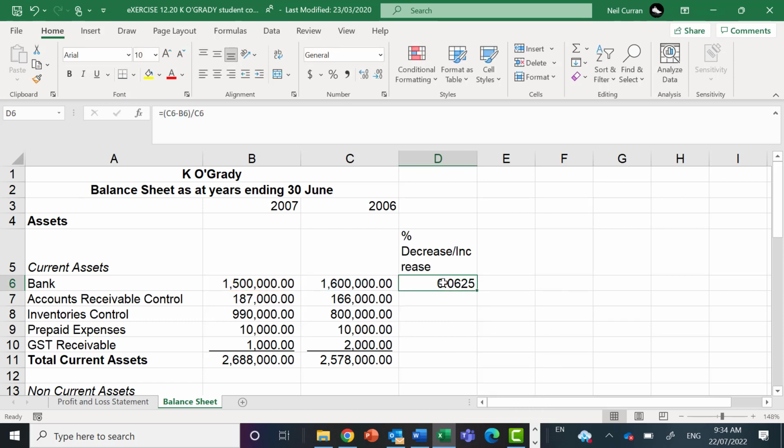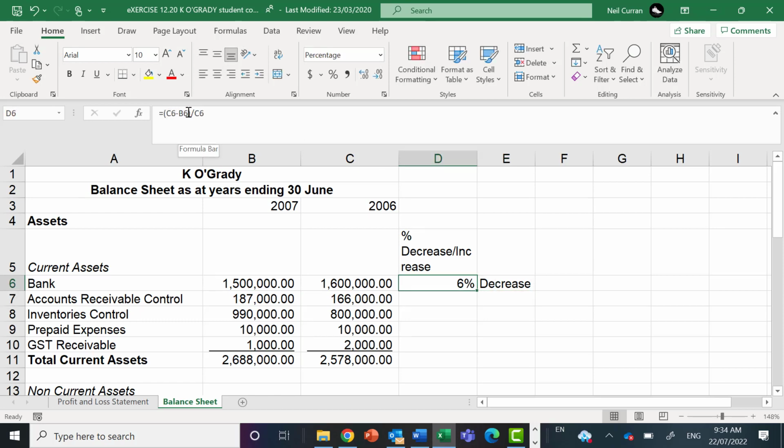And you can see here that our cash at bank has gone down by 6%, because it was 1,600,000, it's now 1,500,000. So that is a decrease, which I'm going to put across here.